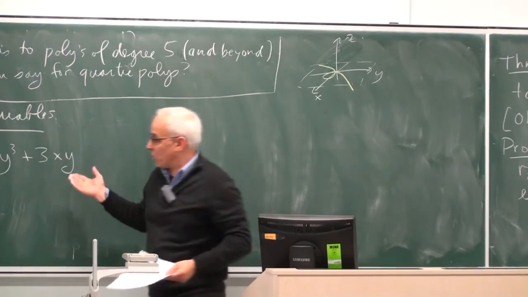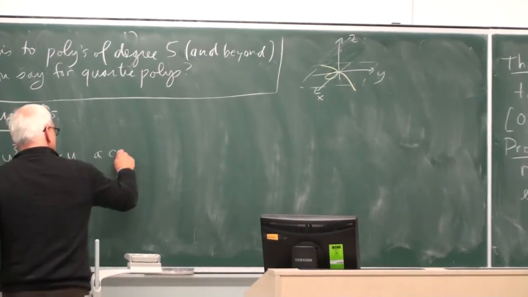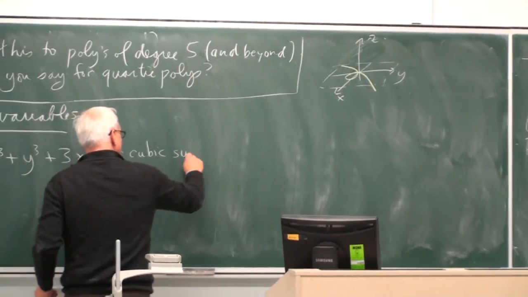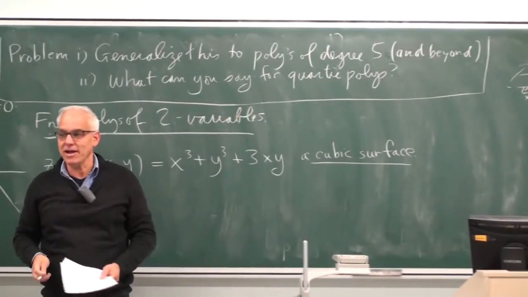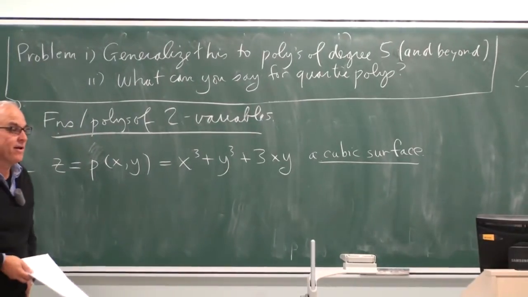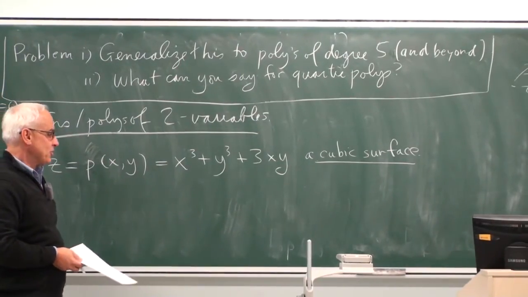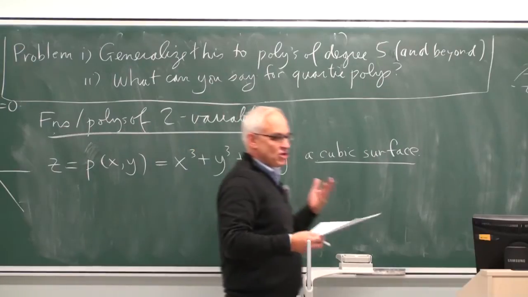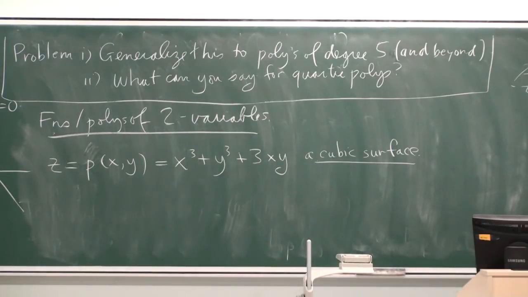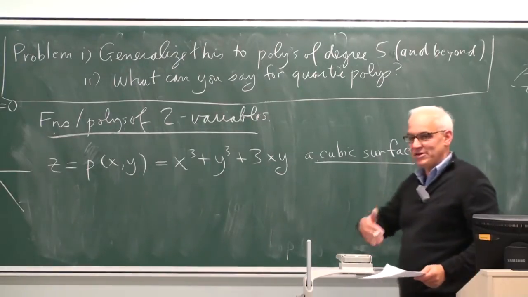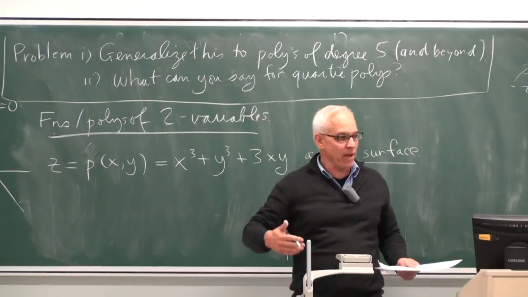Okay, so this is an example of a cubic surface. These were very much studied and loved by 19th century mathematicians. It turns out that cubic surfaces are a very rich subject, very visually rich, and all kinds of wonderful, surprising things can happen with them. It's much richer than just cubic curves in the plane.